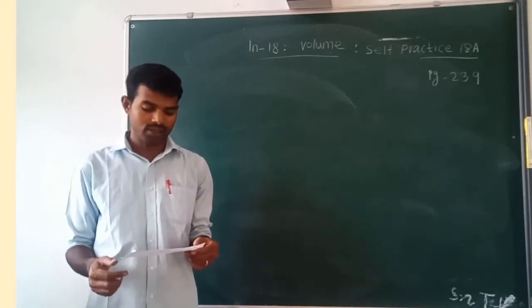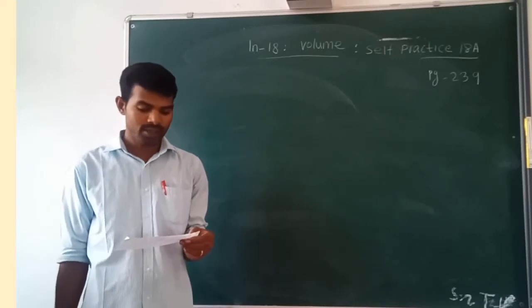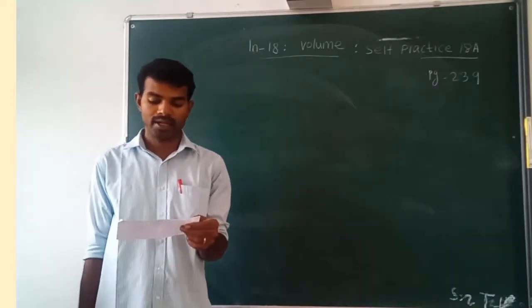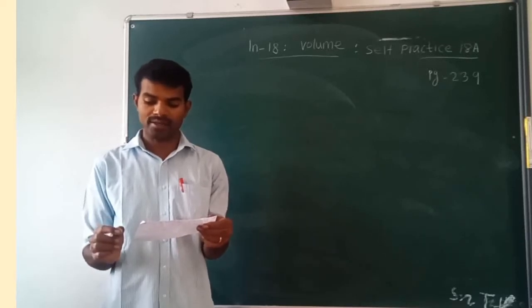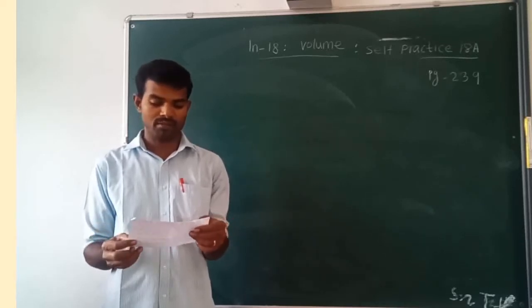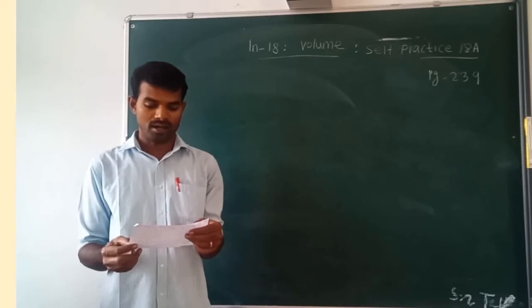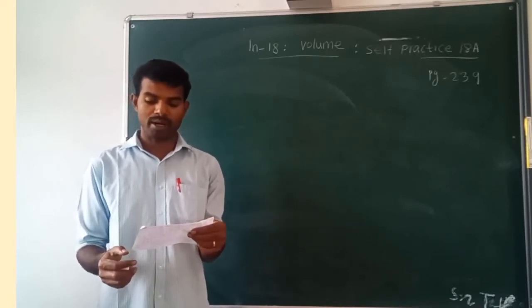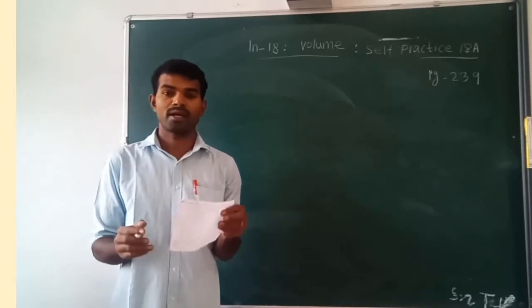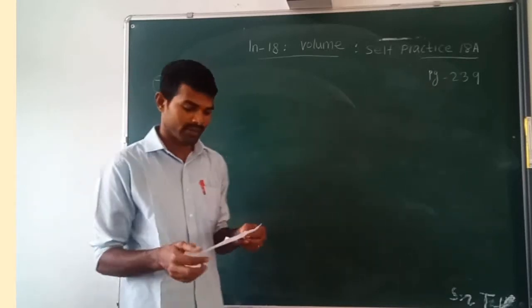Just see the question number 7 from your book. Which has the greater volume? A box that measures 18 cm by 3 cm by 2 cm, or one that measures 6 cm by 6 cm by 7 cm. Here they have given two boxes.